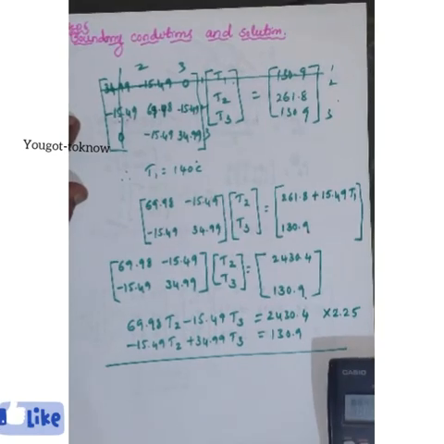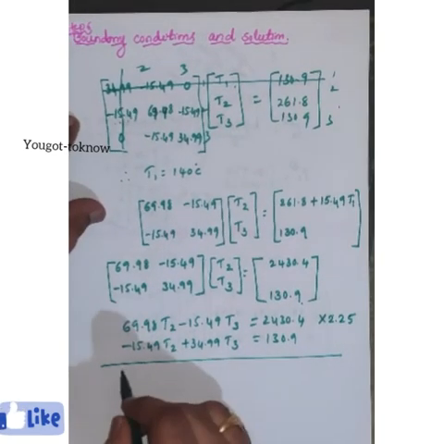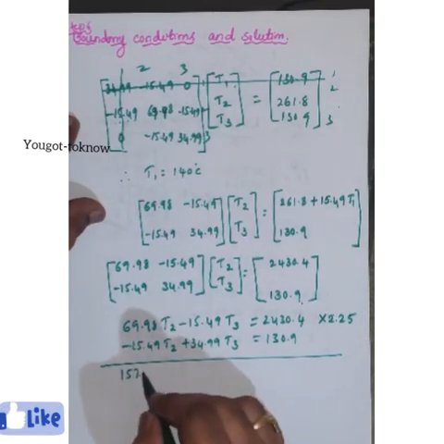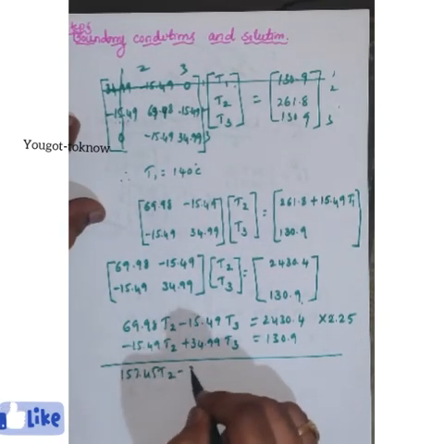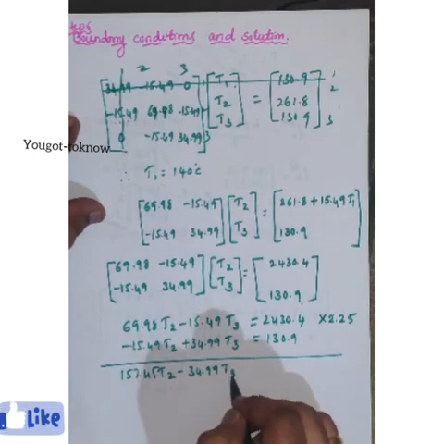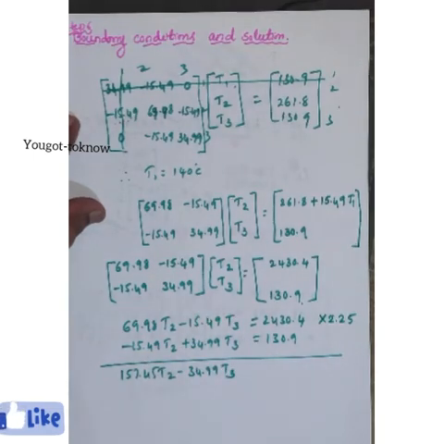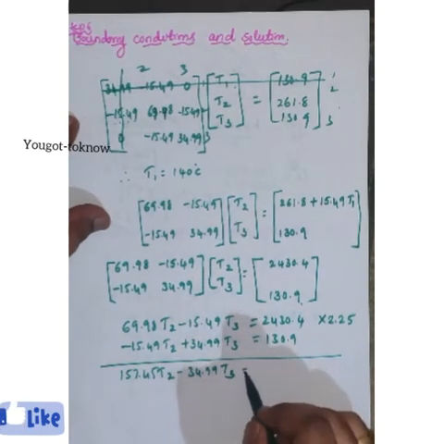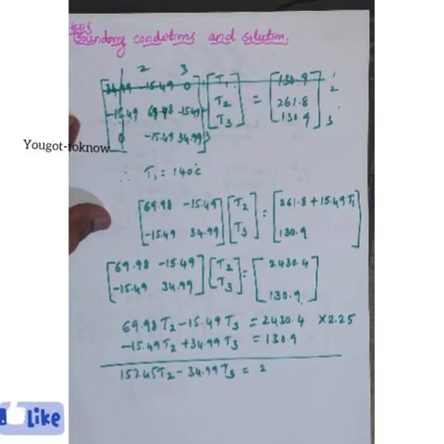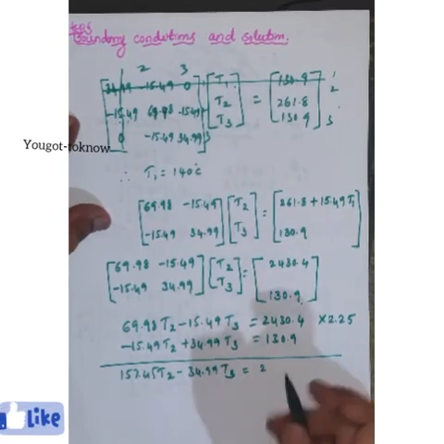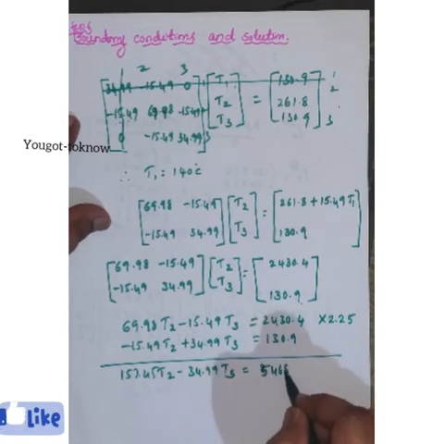If you multiply by 2.25, what happened? 69.98 into 2.25 is 157.45 into T2 minus 34.99 into T3, because 15.49 into 2.25 is about 34.99. Equals 2430.4 into 2.25, you are going to get 5468.4.